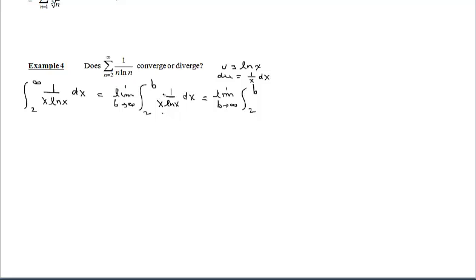Switching over to a u integral, again, we're going to have 1 over u, and everything else gets replaced with du. So we end up with the integral of du over u.